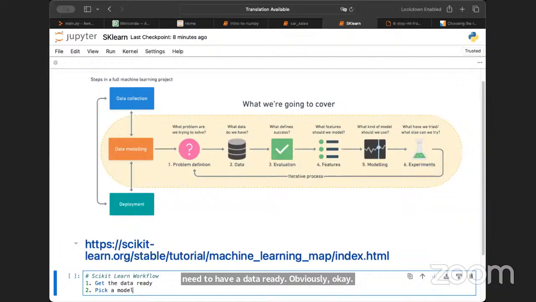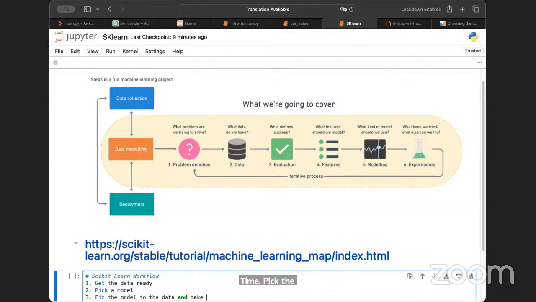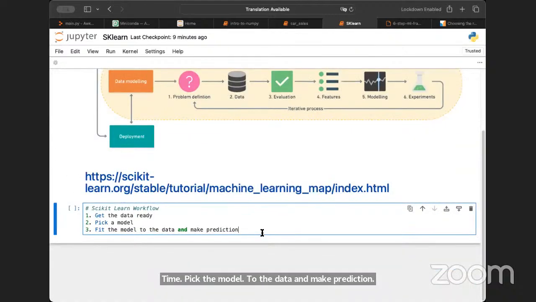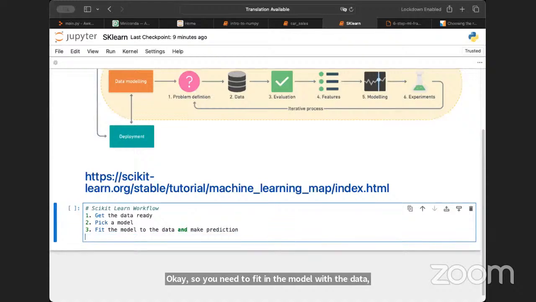Once you have data, you really need to pick a model based on some sort of decision: this is the model that we'll be using because I feel this is the right model. Third, fit the model to the data and make predictions, and so on and so forth. Fourth, evaluate the model.